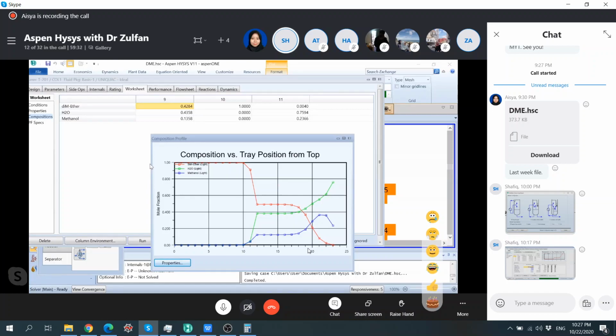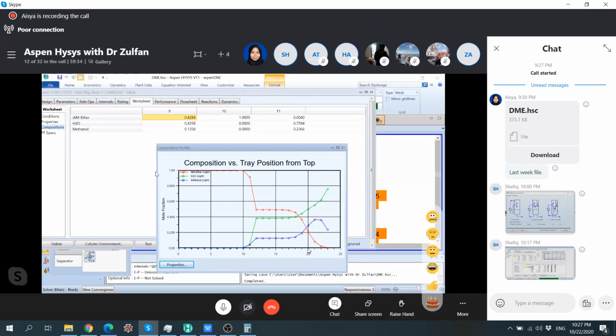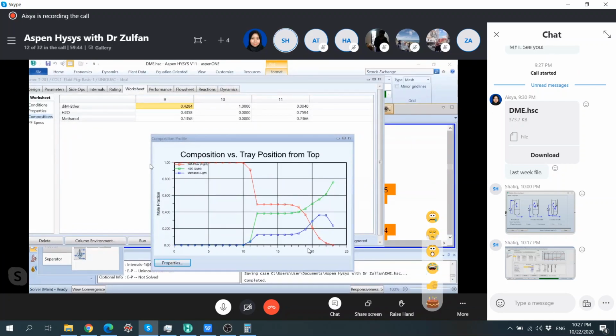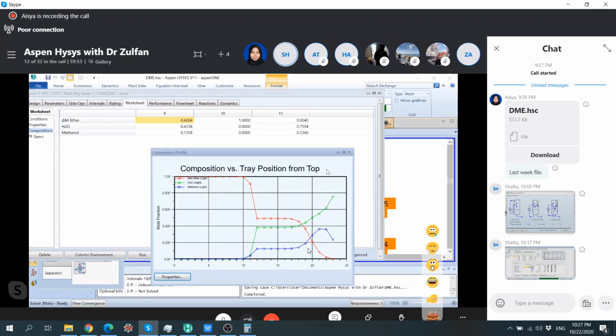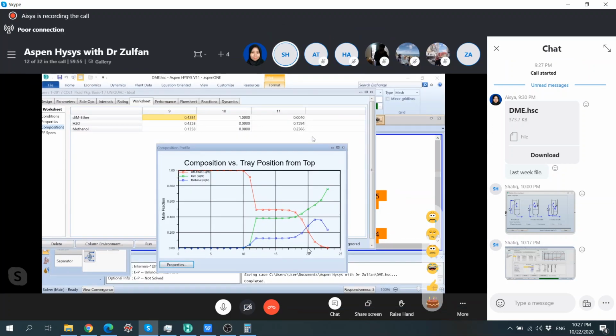You can see here, DME is 0.4 something, and the water is about 0.4 something, and then the 0.2. So this stage number 12 seems to be the okay stage for the time being. So that's how to see this in one glance.